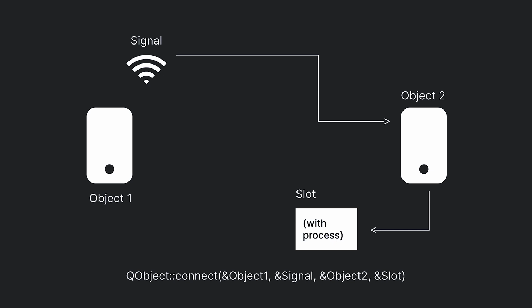Now to show you another example, I have taken this image from the Qt website, which explains signal and slot better than anything out there. I have multiple different objects here. You can create multiple different objects of different classes. If you see this flow diagram, object 1 has a signal.